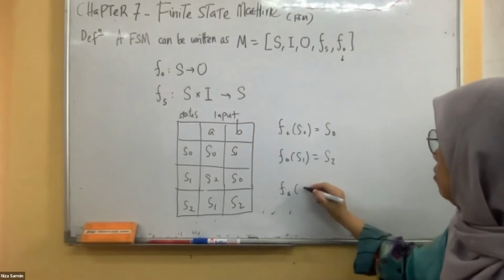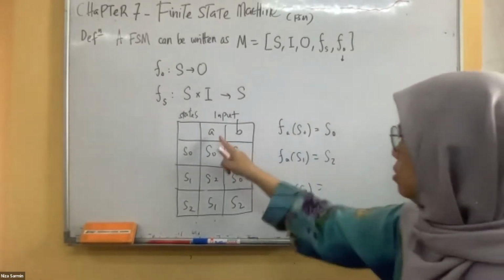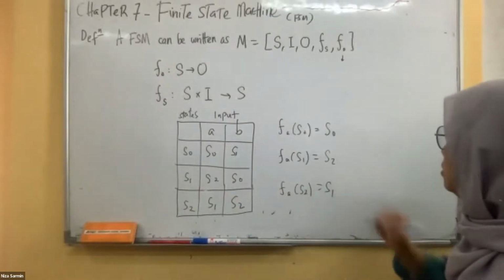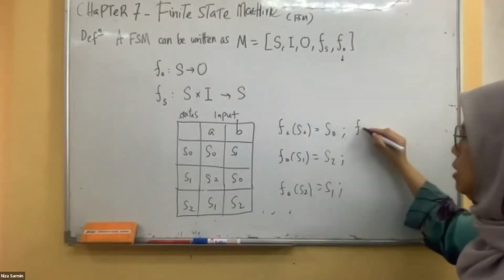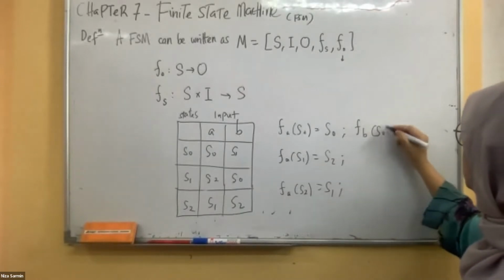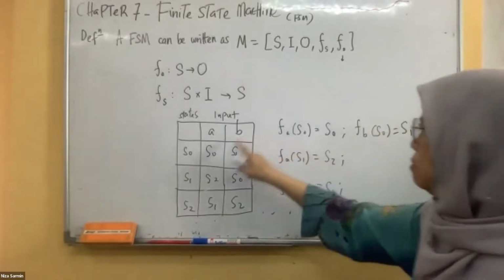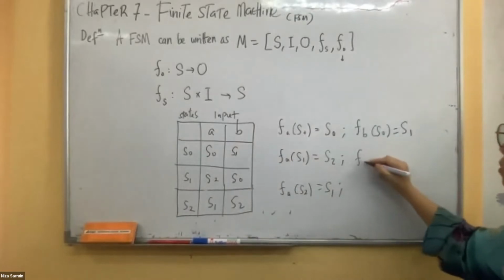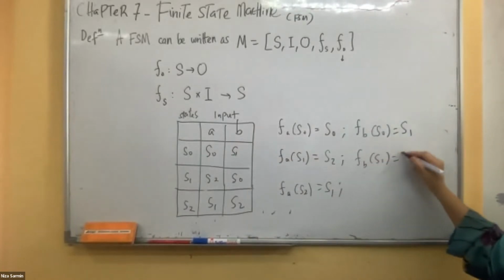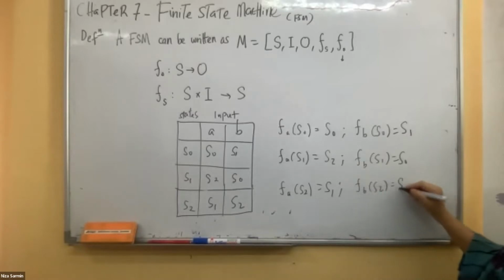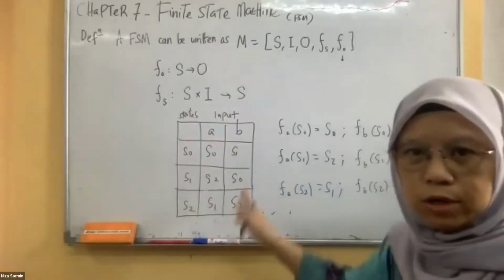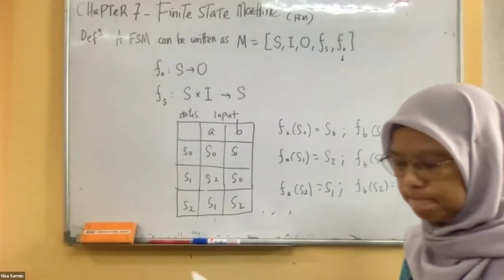F A of S2 is S1. F B of S0 is S1. F B of S1 is S0. F B of S2 is S2. This is from what is given.